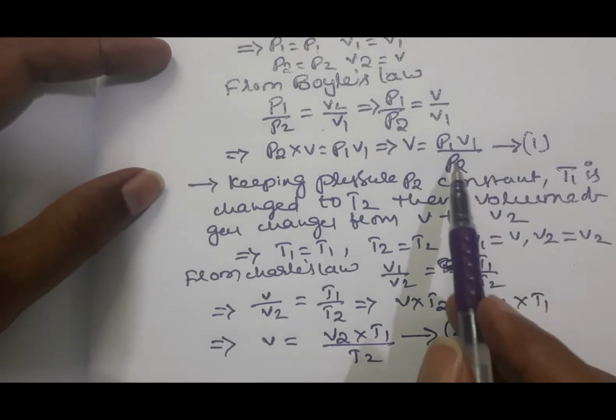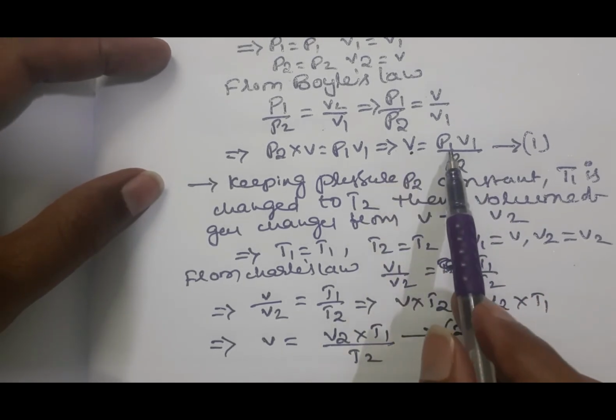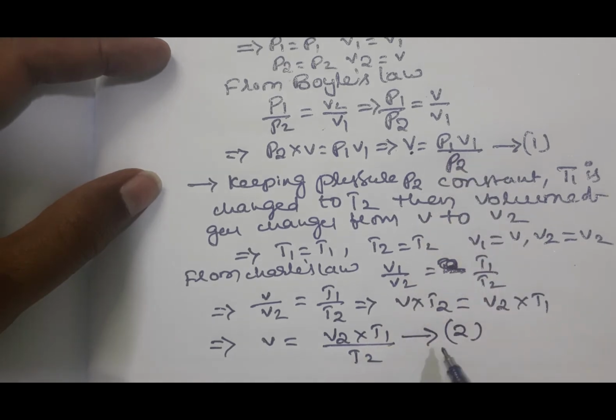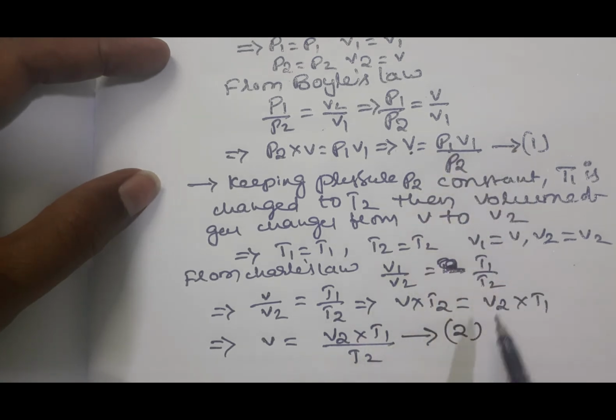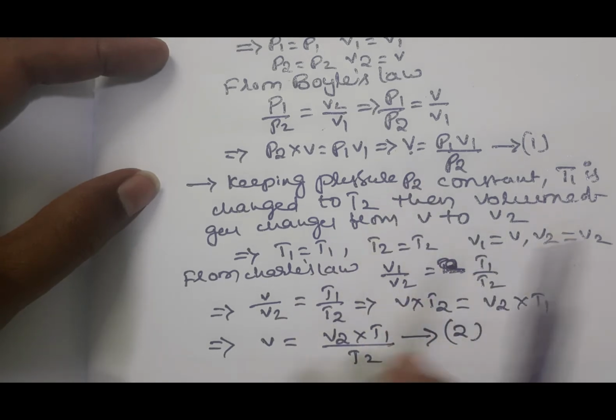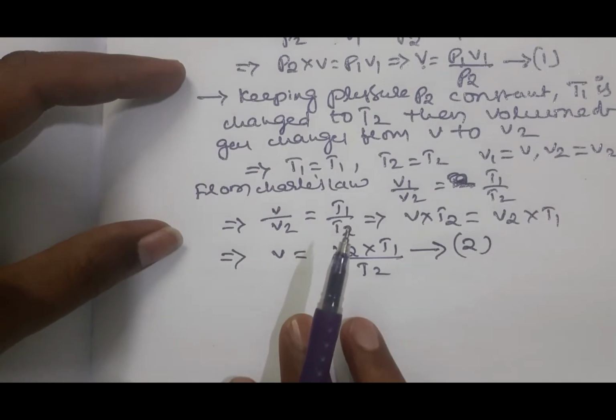From equation 1, V is equal to P1 V1 by P2. From equation 2, V is equal to V2 into T1 by T2. So in equations 1 and 2, the left side is V. The left side quantities are the same, so we can compare the right side quantities.